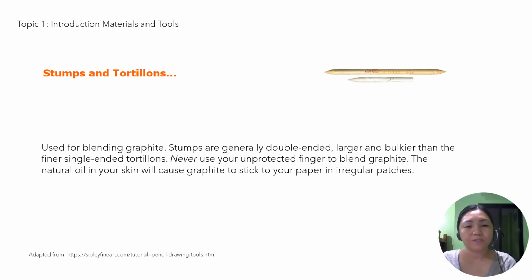Stumps and tortillons. Used for blending graphite, stumps are generally double-ended, larger and bulkier than the finer single-ended tortillons. Never use your unprotected finger to blend graphite.